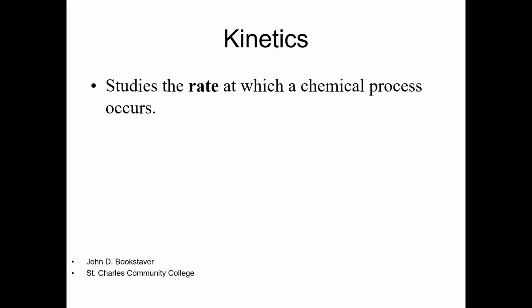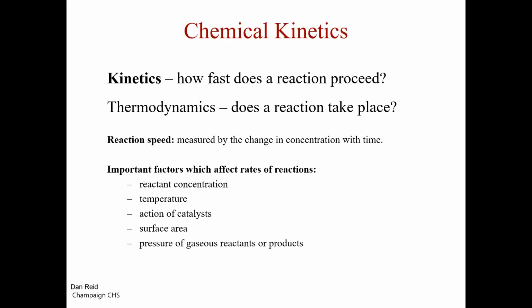These are the 5 major factors that affect the rates of the reaction. Let me look at these factors briefly. The increase in the concentration of the reactant can increase the rates of the reaction. Also, increase in temperature can also increase the rate of the reaction.